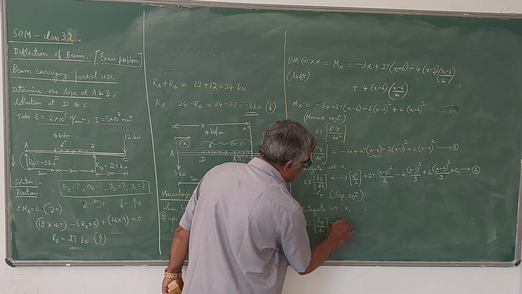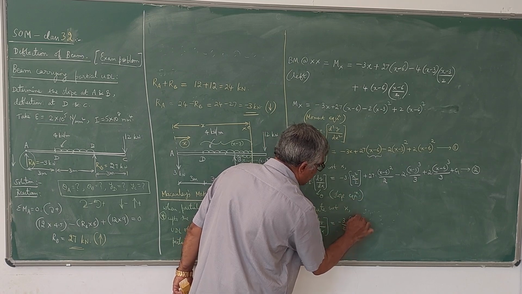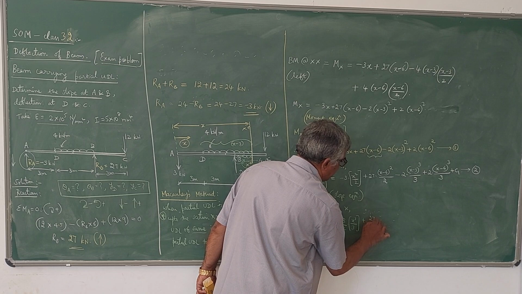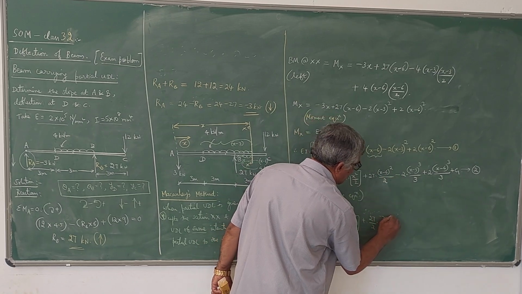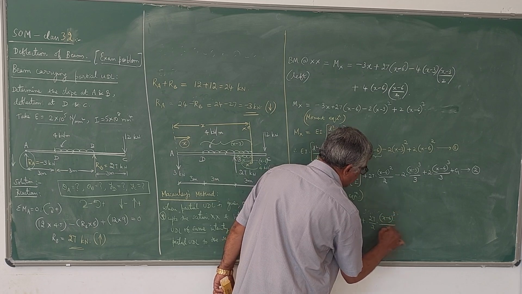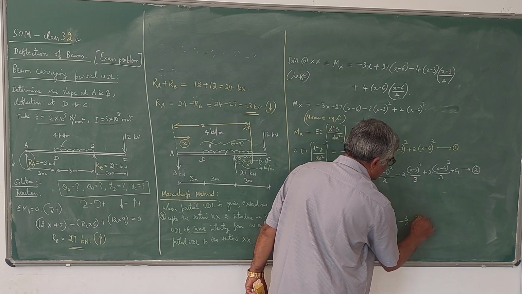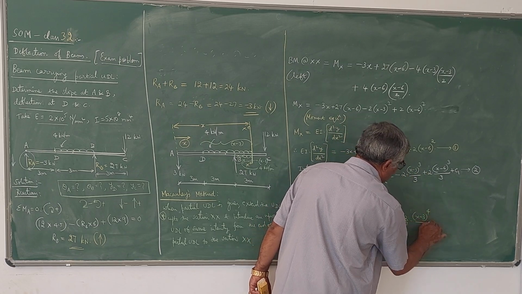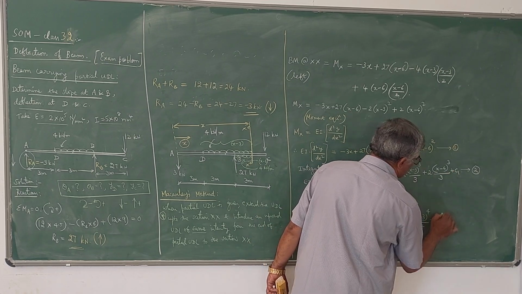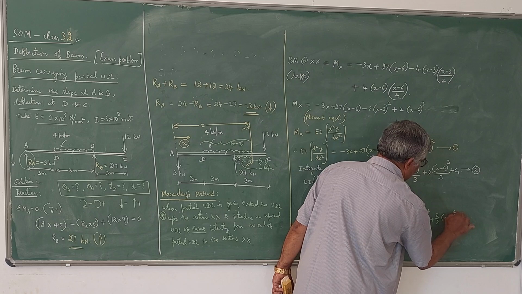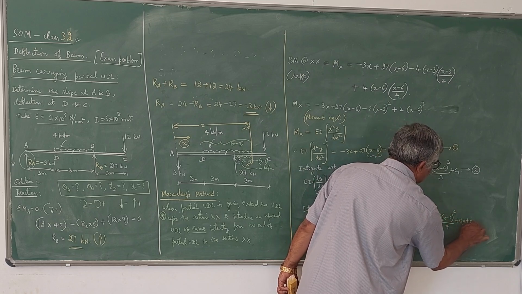Here if you integrate, it becomes minus 3 by 2 into the integration of x square, which is x cube by 3, plus 27 by 2 into the integration of x minus 6 whole square, which is x minus 6 whole cube by 3, minus 2 by 3 into the integration of x minus 3 whole cube, which is x minus 3 whole power 4 by 4, then plus 2 by 3 into the integration of x minus 6 whole cube, which is x minus 6 whole power 4 by 4, plus c1x plus c2.